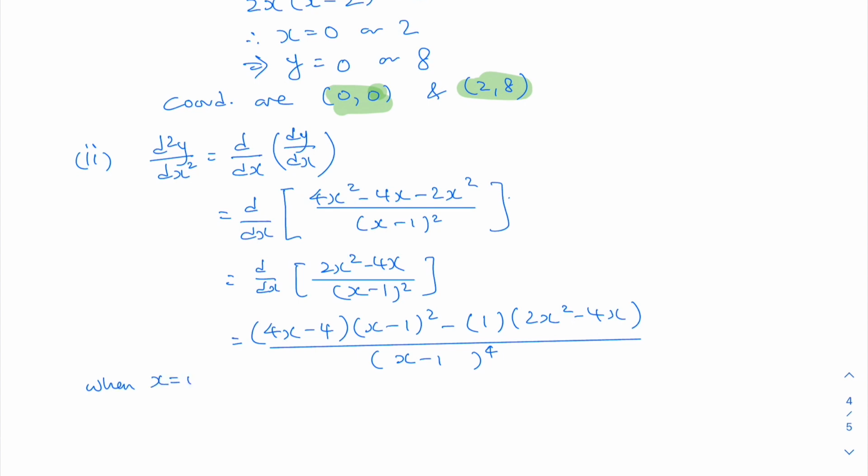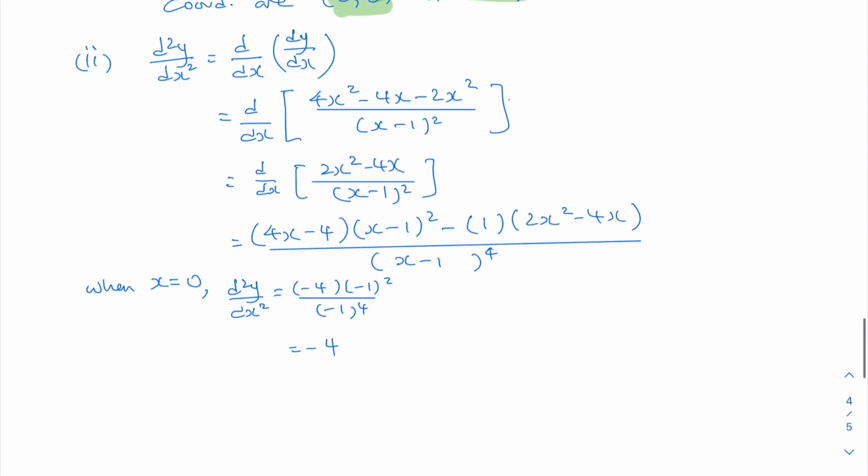So when x is equal to 0, d2y/dx squared equals, you put 0, everything is 0, you get negative 4, times negative 1 squared, this whole thing will be 0, divided by 0 minus 1 is negative 1, to the power of 4.